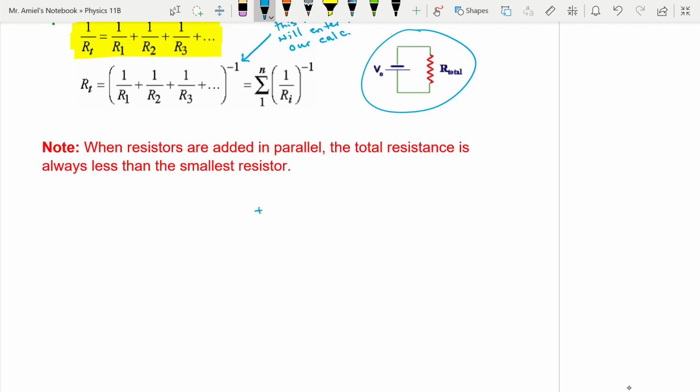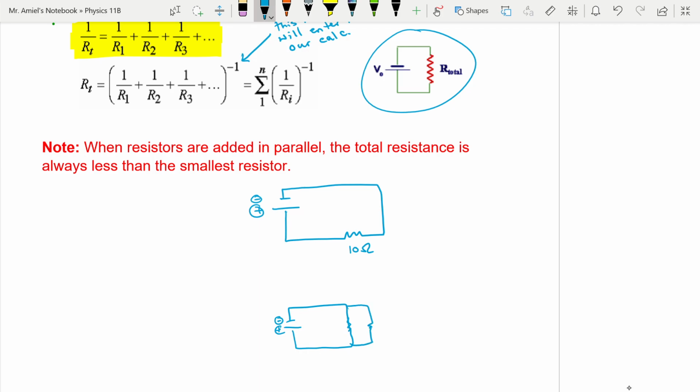So if we do the same thing that we did last time, and we now give ourselves multiple paths to take, we started off with 10 ohms as our smallest.